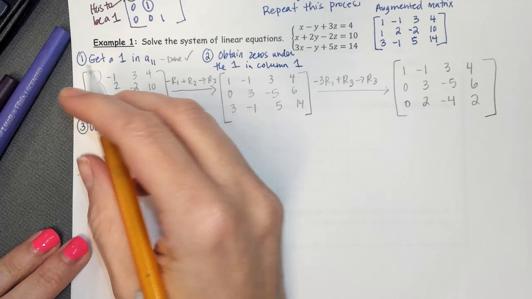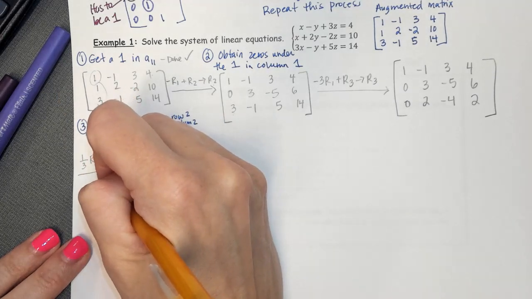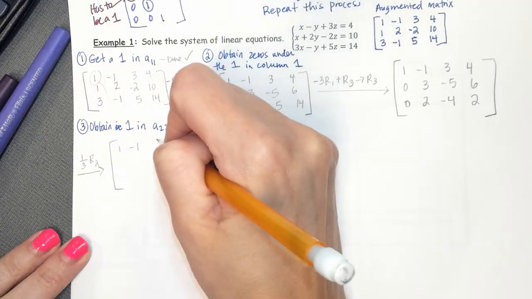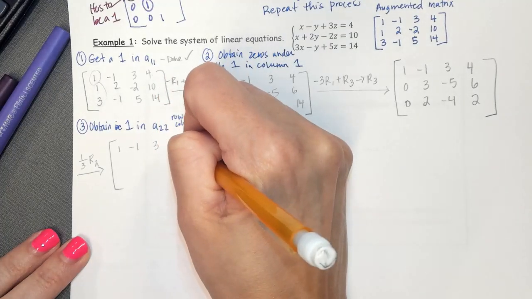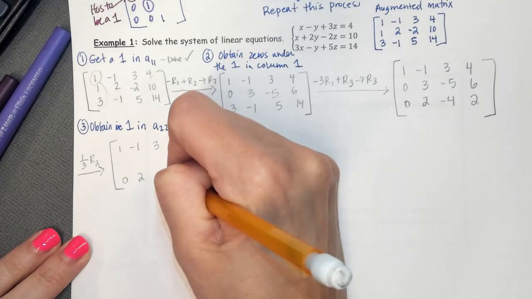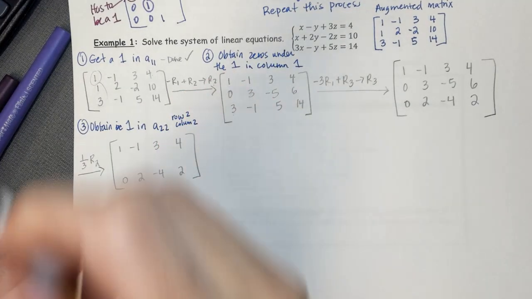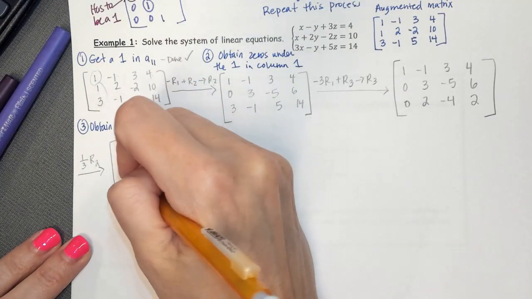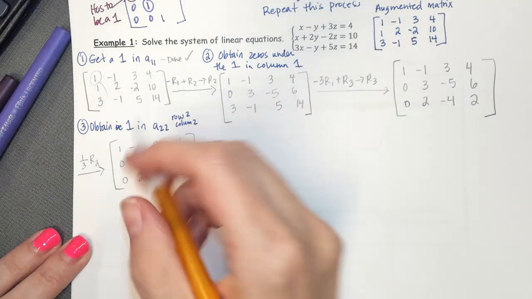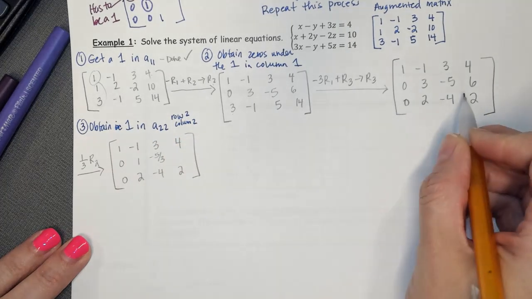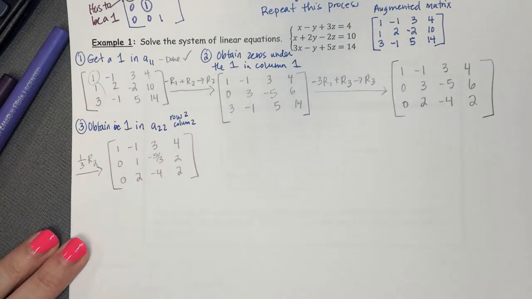If I multiply that second row by a third, I'm going to keep my first row and my last row. Then my second row is going to be a 0, a 1, negative 5/3, and then 6 divided by 3 is 2.